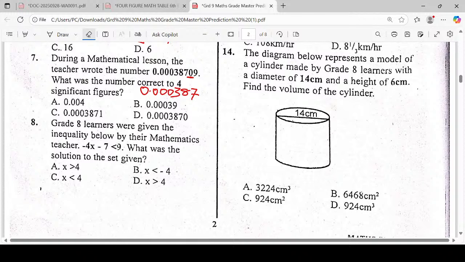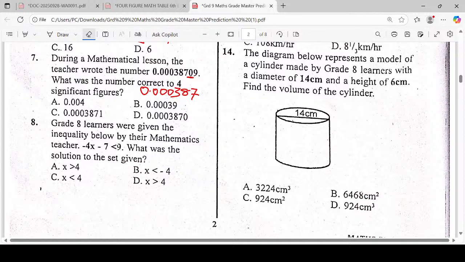Remember, this question is: during a math lesson, learners wrote the number. Then the question we are being asked is, what is the number correct to four significant figures?